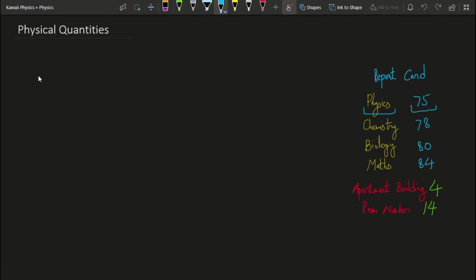So let me just write the definition of physical quantities. You can say a physical quantity is anything that can be measured quantitatively in terms of quantity.